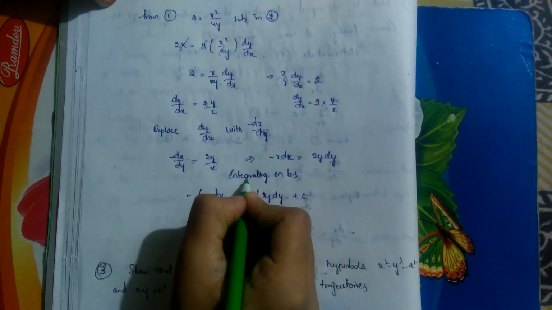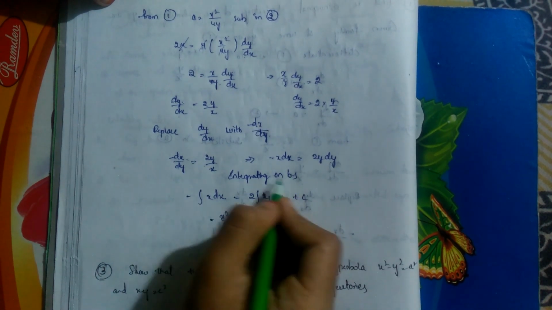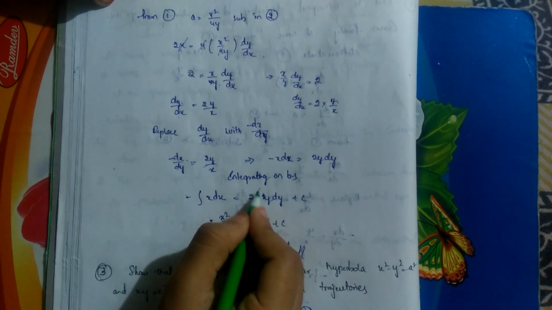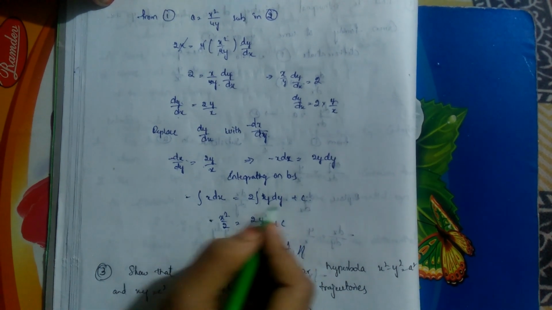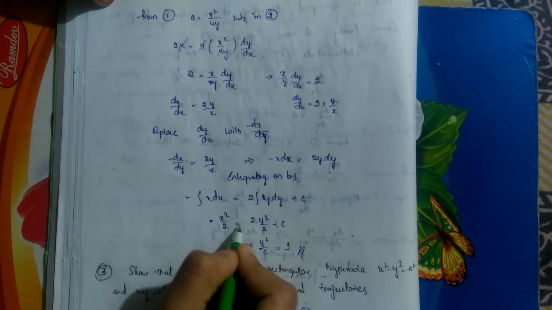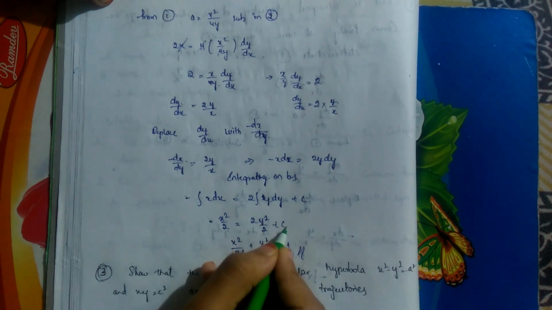Now we have to solve this equation, that is integrating on both sides. We get minus integration of x dx is equal to 2 integration of y dy plus c. Minus integration of x is x square by 2 is equal to 2 into integration of y is y square by 2 plus c.